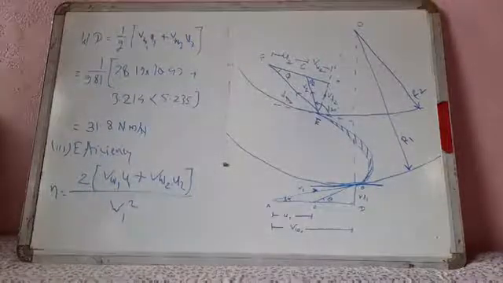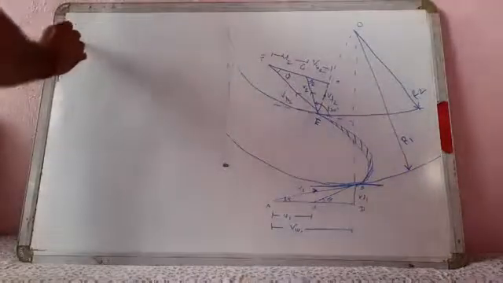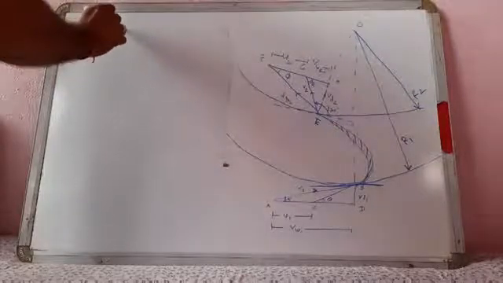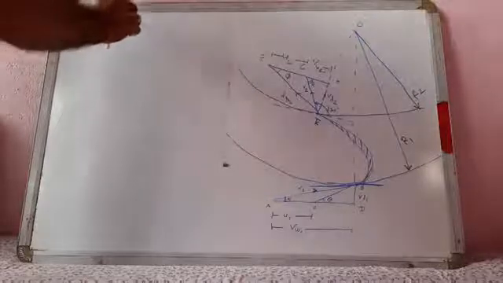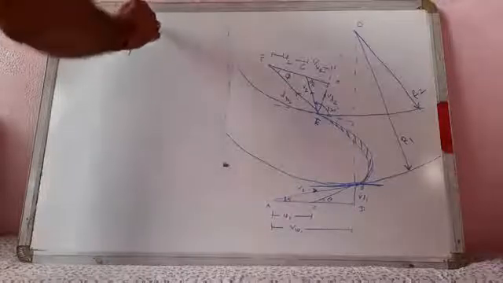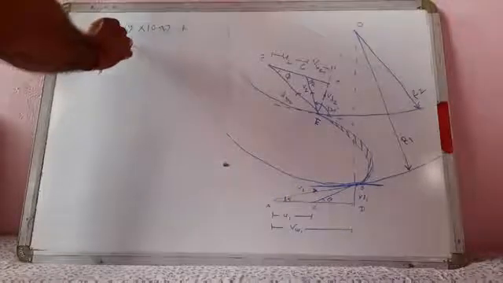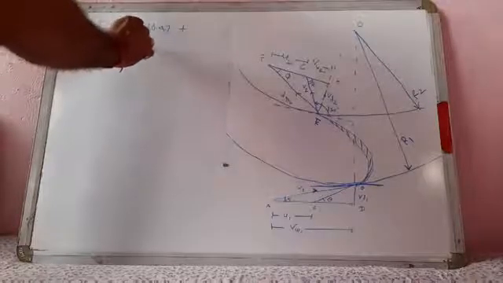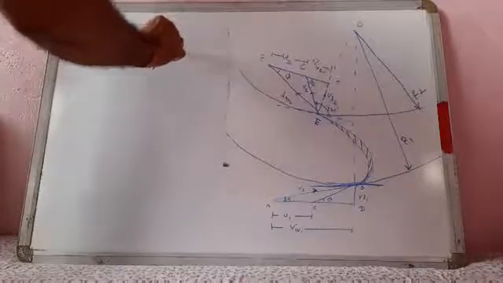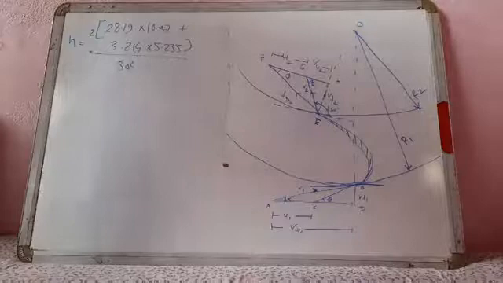Now putting the values, efficiency equals 2 into 28.19 into 10.47 plus 3.214 into 5.235, this whole divided by 30 square.